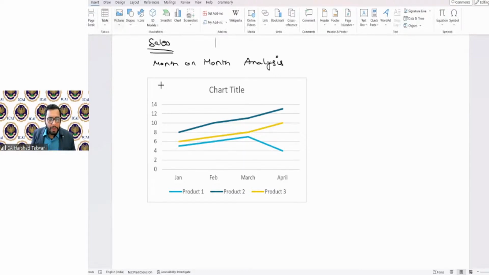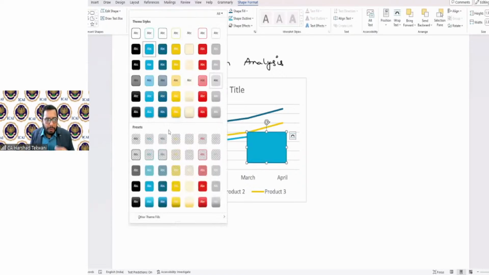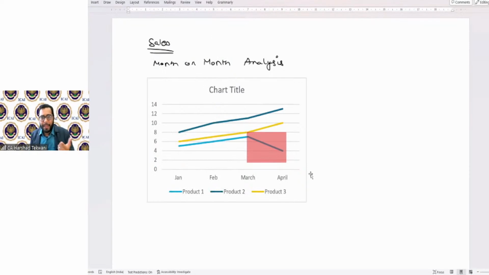This deviation is based on the expectations you have obtained. Your expectation was that it should increase, but it is going down as of now. So this is a deviation or misstatement.